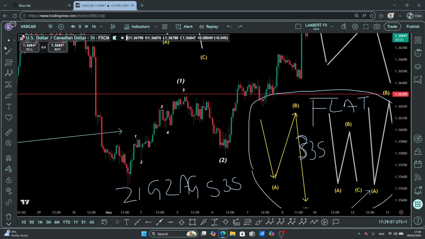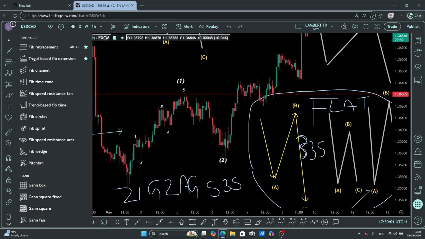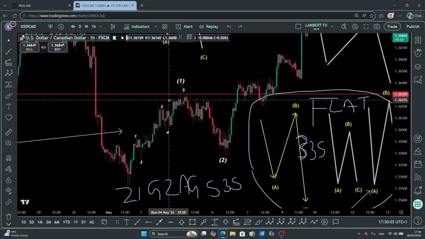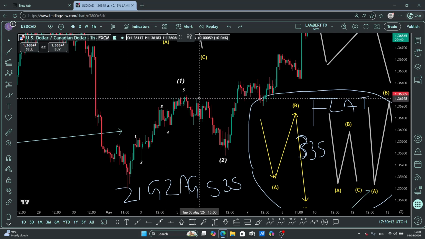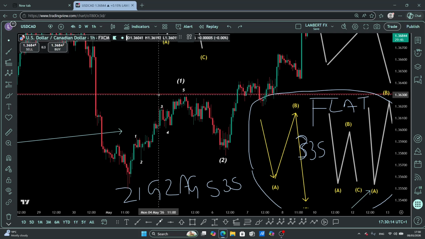So what you need to do is grab your fib extension tool, your trend-based fib extension, and measure from the start of your three leg down, so the start of A, which was this high here.